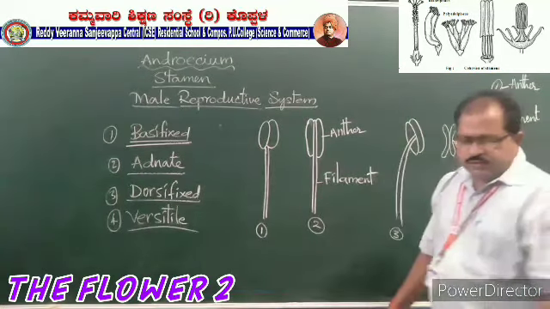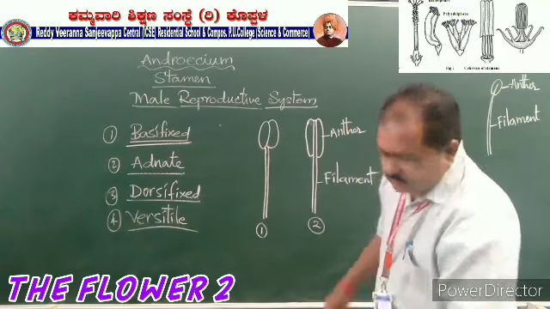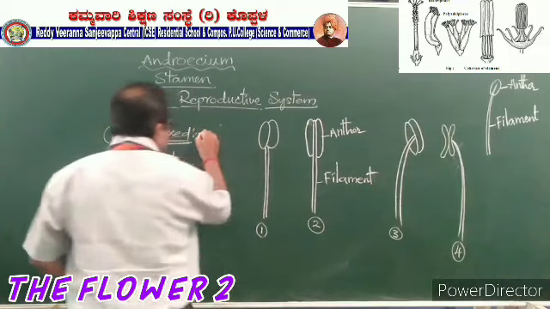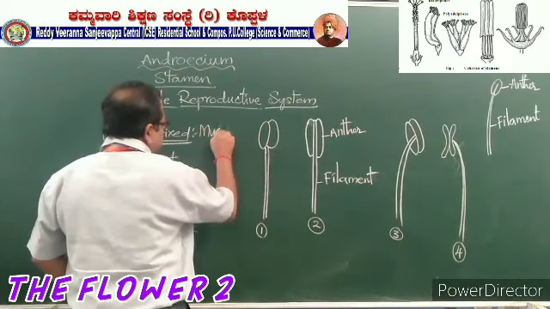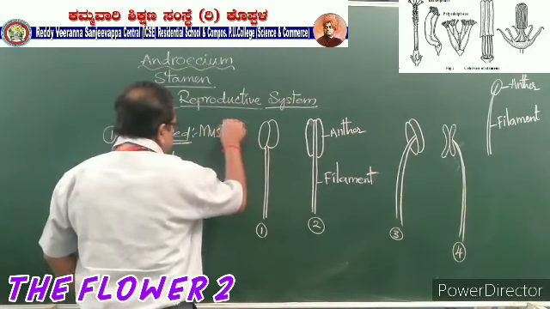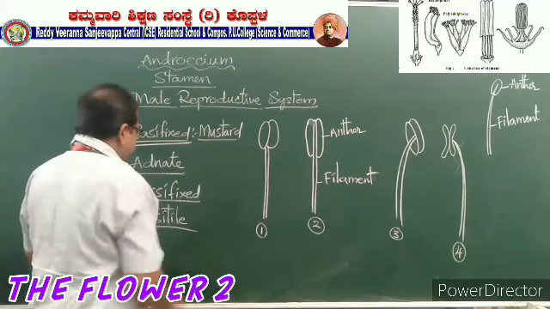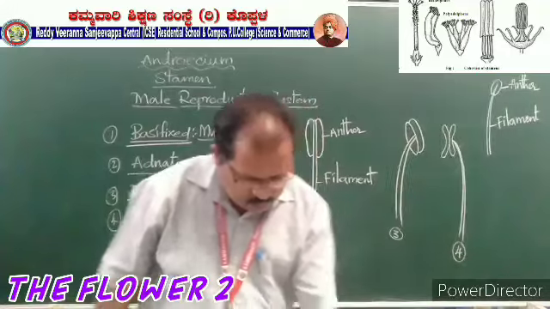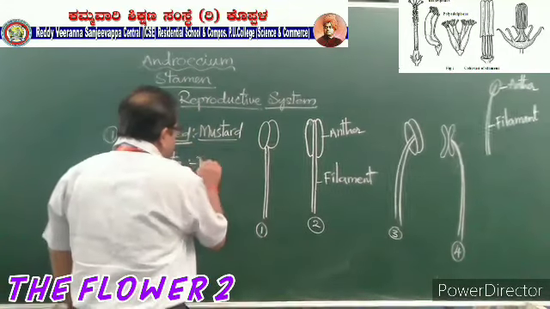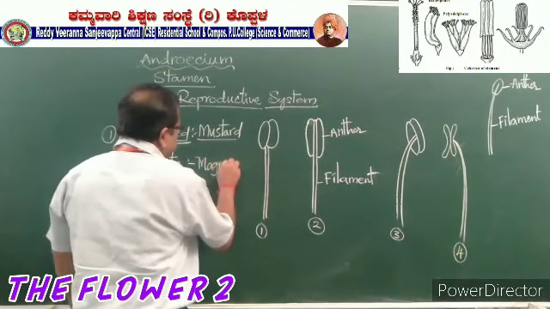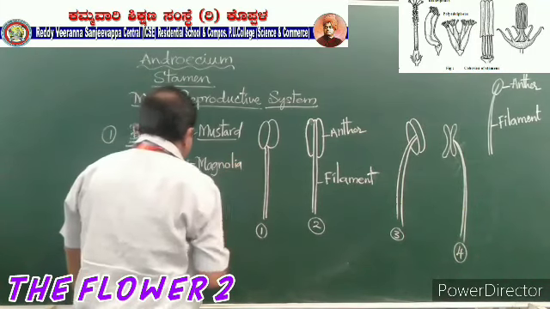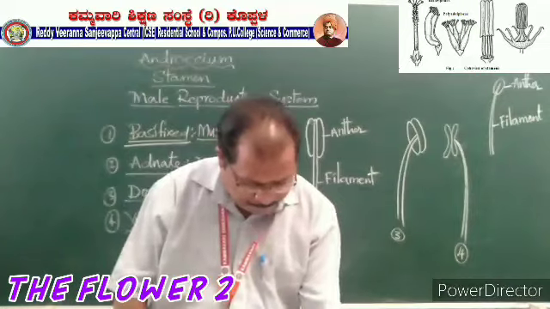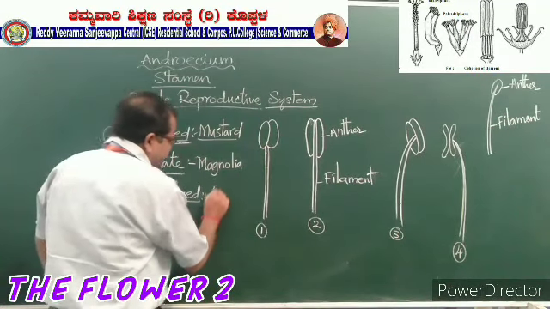For basifixed, an example is the mustard plant. An adnate example is magnolia. A dorsifixed example is acacia.